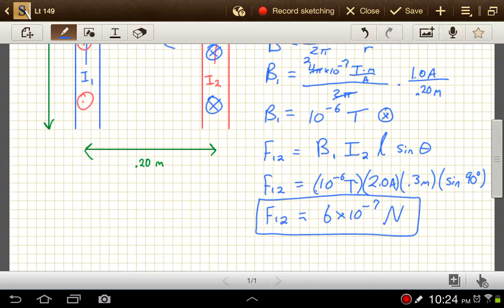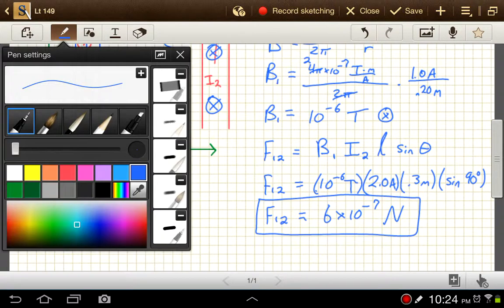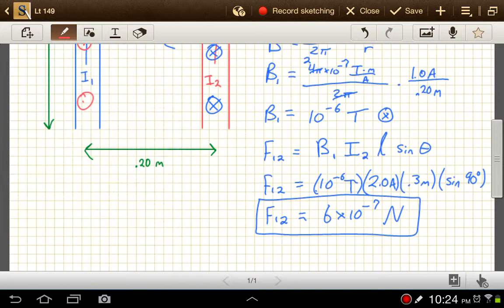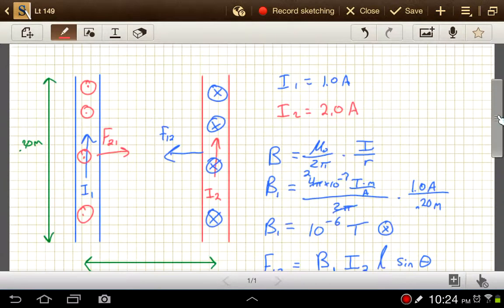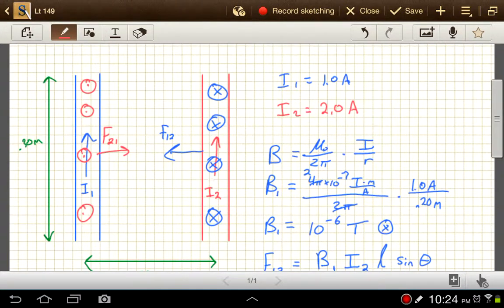Now, if we go the other direction, we'll find very similar calculations, just rearranged a little bit. So let's do that now. We'll figure out the force acting on this first wire that's caused by the second wire. So first we need to figure out, what's the magnetic field at this location caused by this wire?